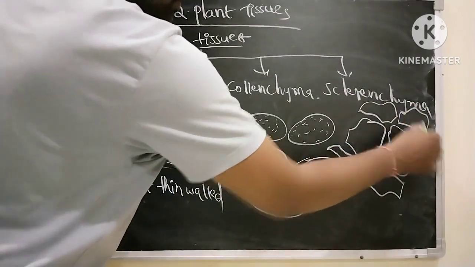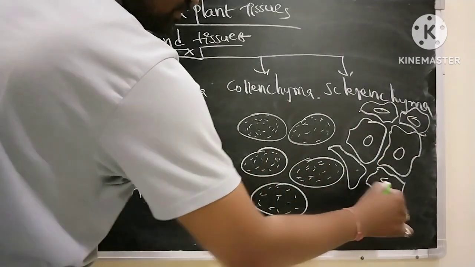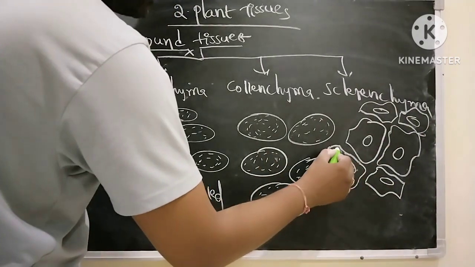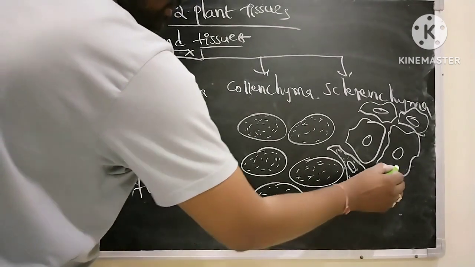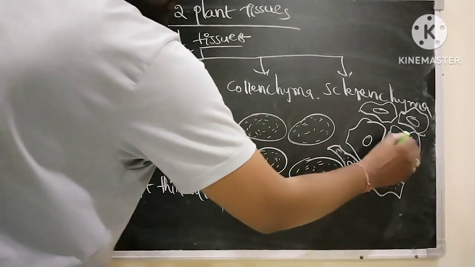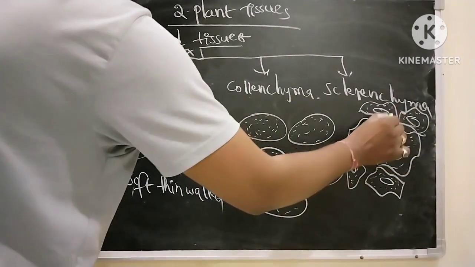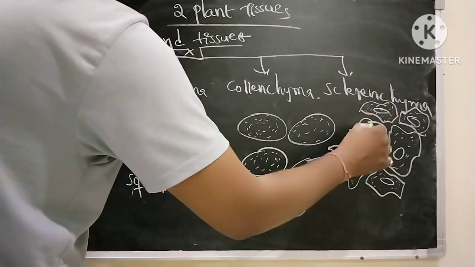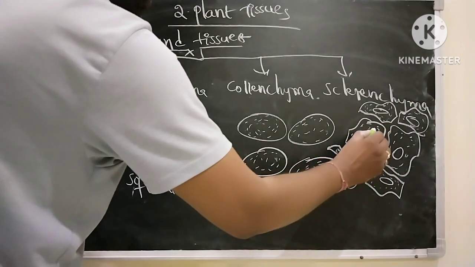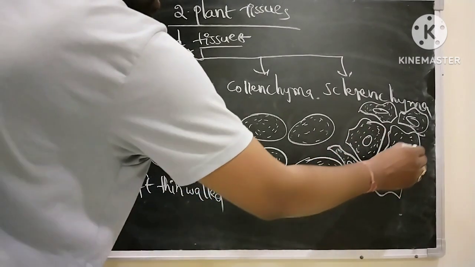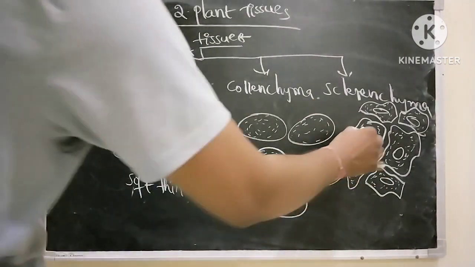The cells are compactly arranged without intercellular spaces. And this sclerenchyma also helps the plant; the cells are thick walled and give structural and mechanical support to the plant body. So this is about the sclerenchyma.